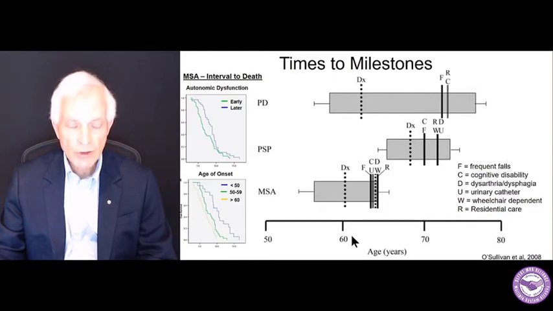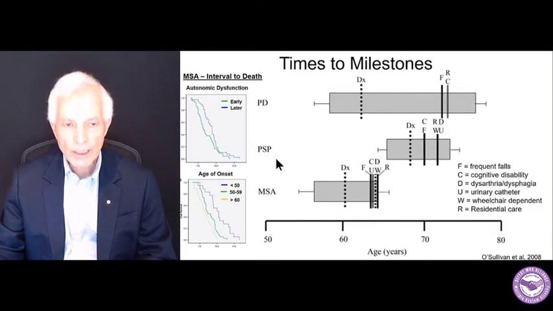The timelines to milestones. Here's the age from 50 to 80. Parkinson's disease typically begins around the age of 60 or late 50s, lasting for 15 to 20 years, with falls, residential care, and cognitive disturbances occurring relatively late over the course.